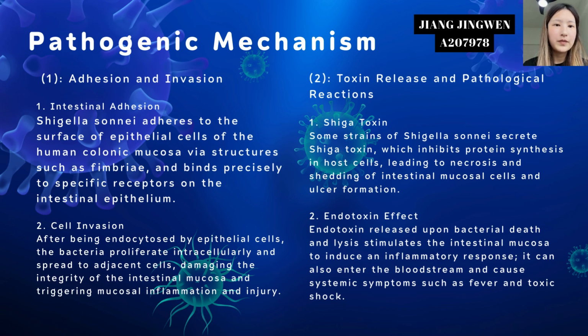Endotoxin effect. Endotoxin is released upon bacterial death and lysis, and stimulates the intestinal mucosa to induce an inflammatory response. It can also enter the bloodstream and cause systemic symptoms such as fever and toxic shock.